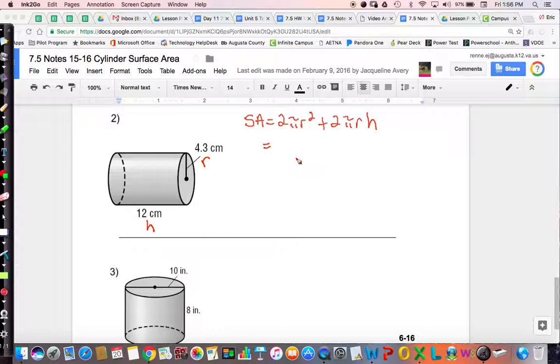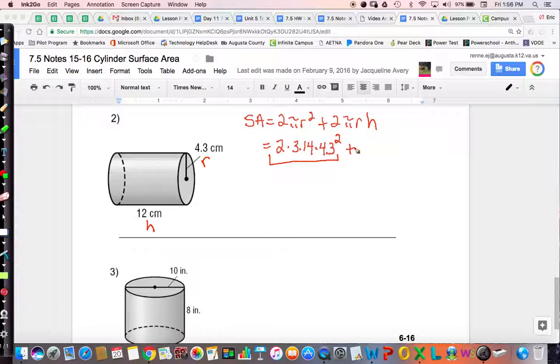Okay, now I'm going to substitute the numbers in. So I'm going to write 2 times 3.14 times 4.3 squared. And I'm going to bracket that in. And now I'm going to do the other part.